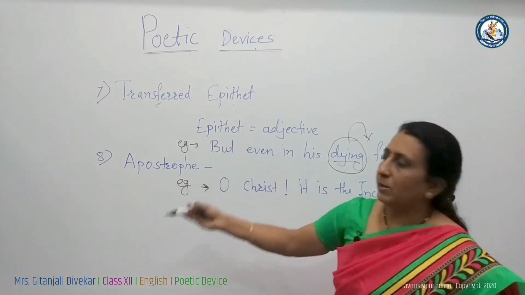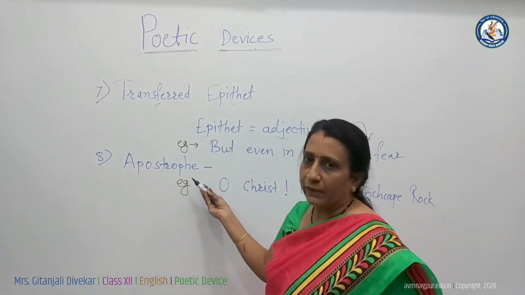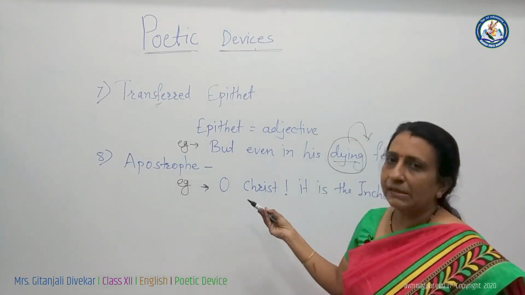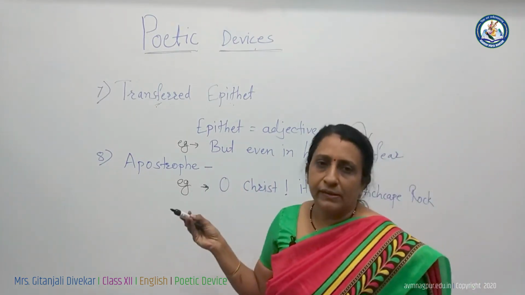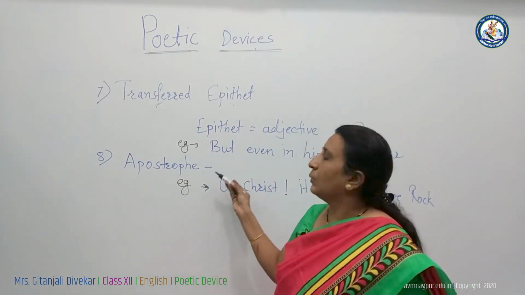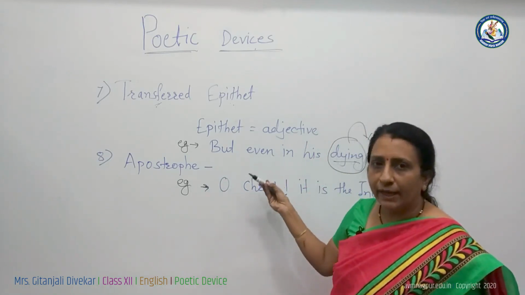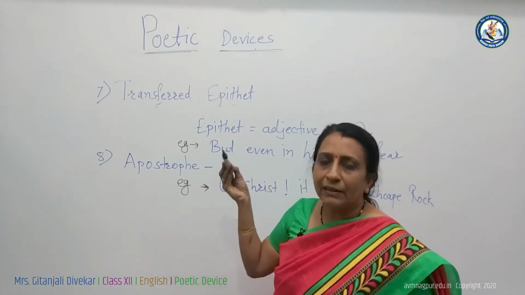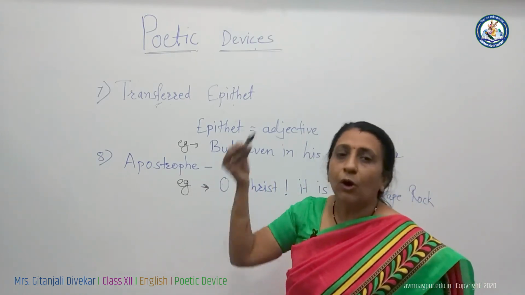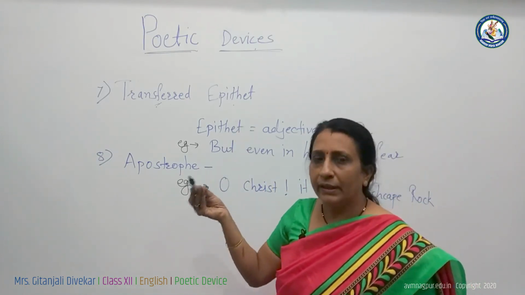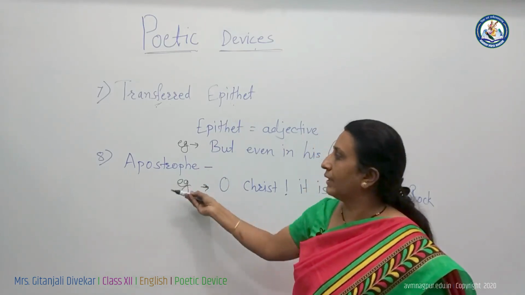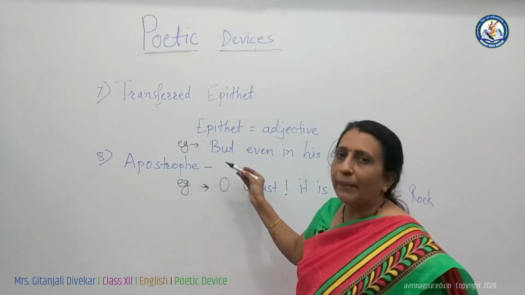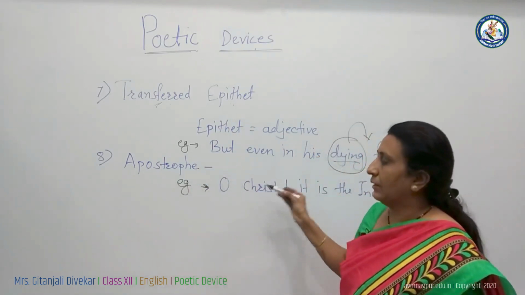The next figure of speech is apostrophe. Apostrophe means direct address. To whom? To an absent or dead person, or sometimes it might be speaking directly to the Almighty, like, oh God. In this expression, you can say that apostrophe is used.